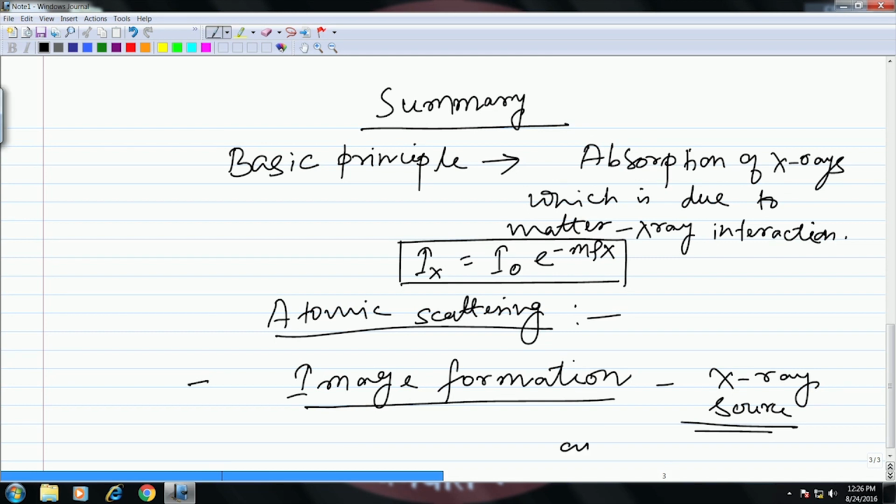And the other thing that you need for capturing the radiographic image is the X-ray film. And we have discussed in detail the X-ray film, its construction and its constituents, how it is made and what is the main constituent in these X-ray films.